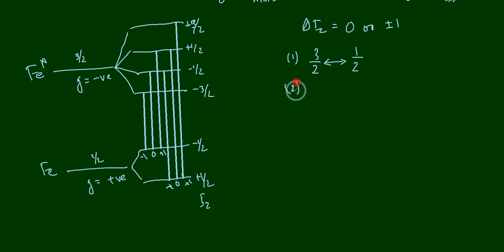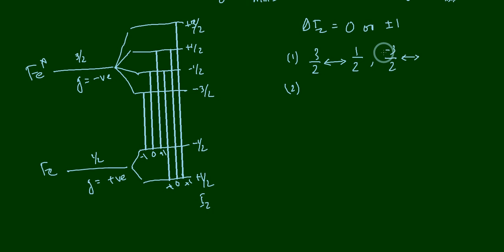The second pair is the 3 by 2, 1 by 2 transition, and then I am considering minus 3 by 2, minus 1 by 2. Only then will it be a pair of transitions.